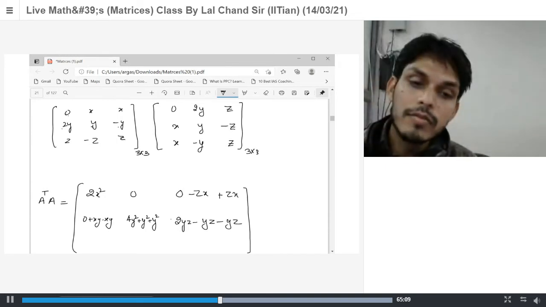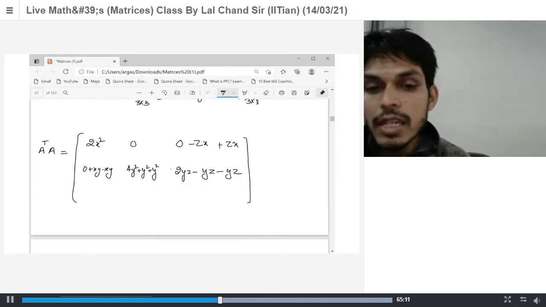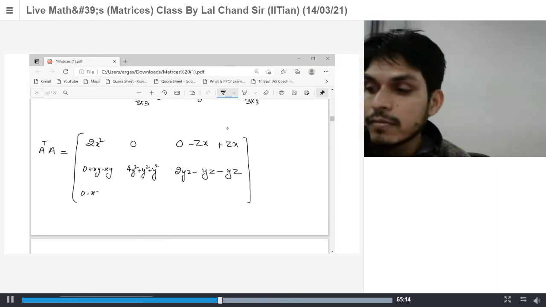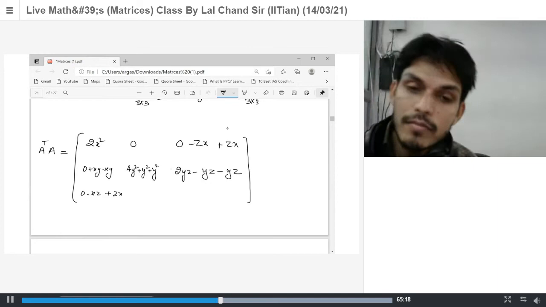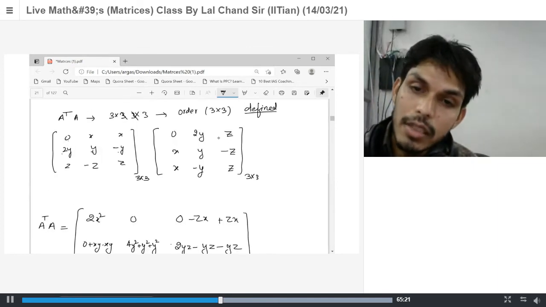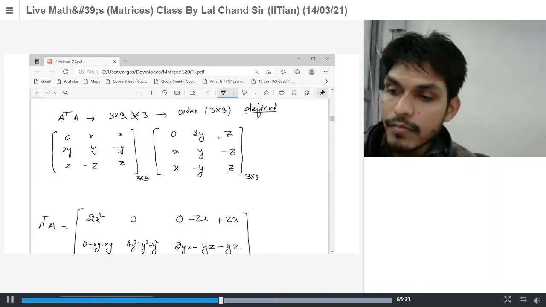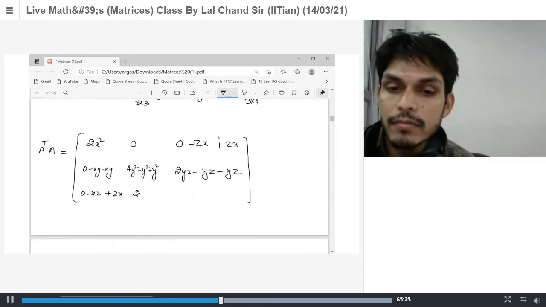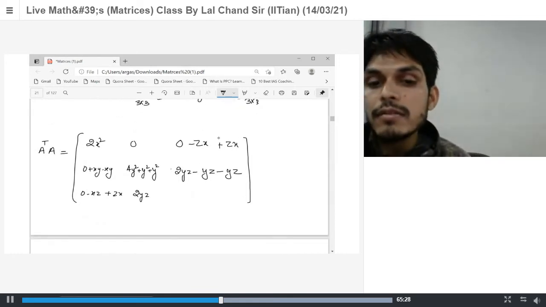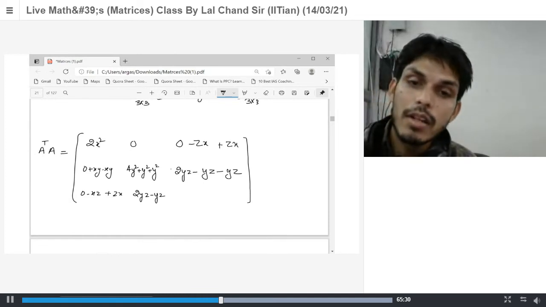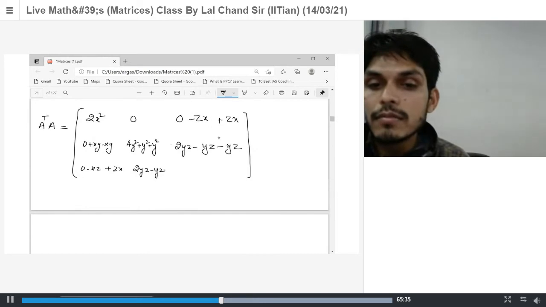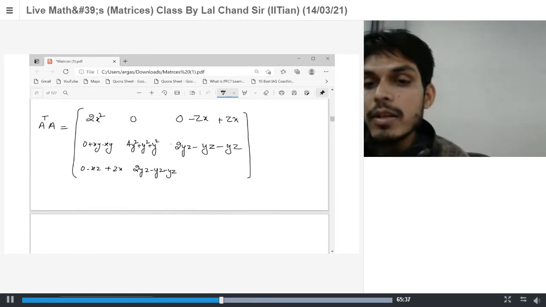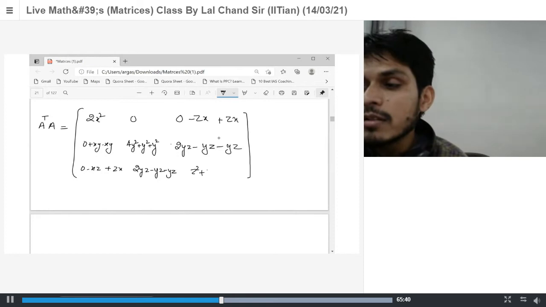Okay. So what is the value of this element? So this element will be 0 minus xz plus zx. And for this element, if I multiply R3 into C2, I have 2yz minus yz. Okay. And then I have again y minus yz. And the third element will be z square plus z square plus z square.